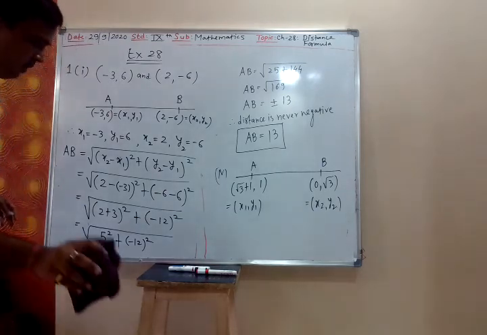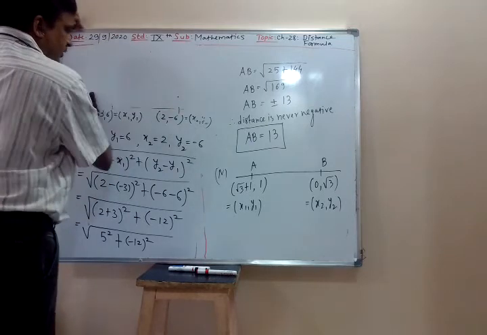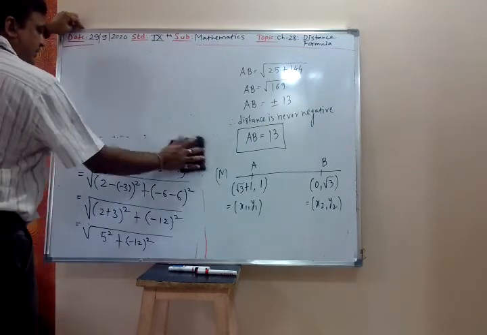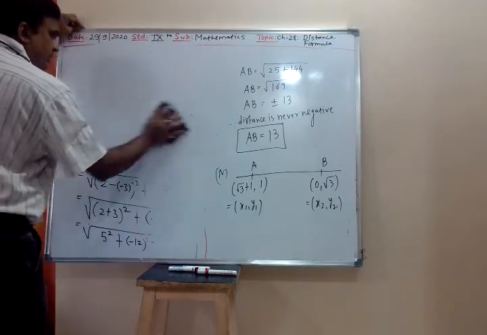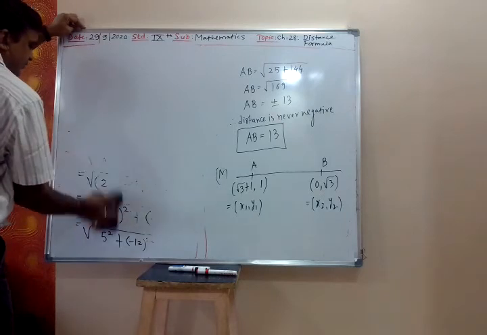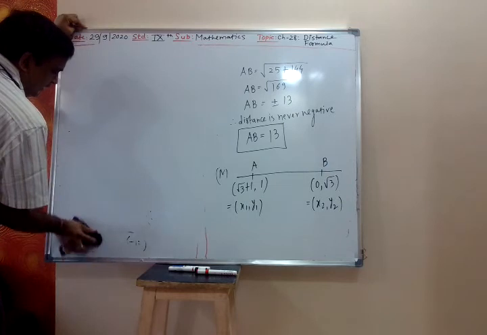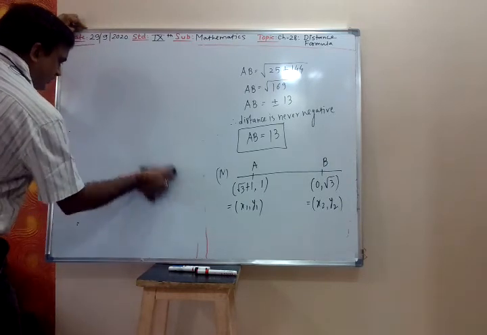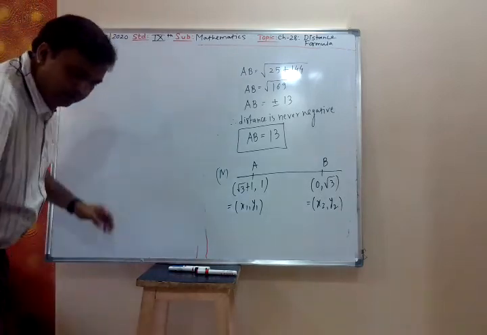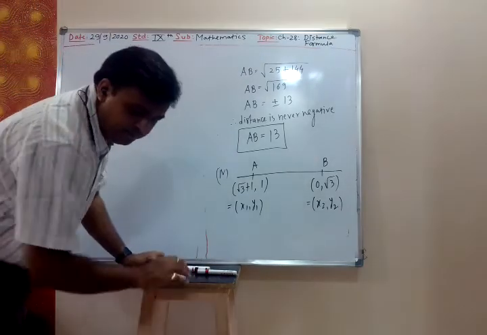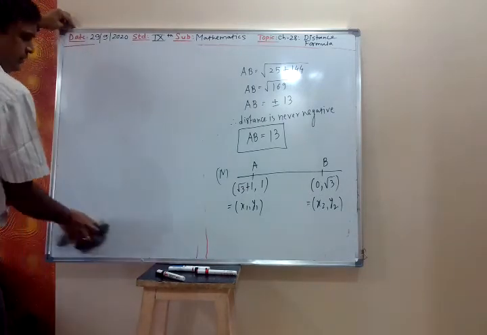Now find further. When you compare x1 y1 with root 3 plus 1 comma 1, and x2 y2 with 0 comma root 3, you will get the values of x1 y1 and x2 y2.